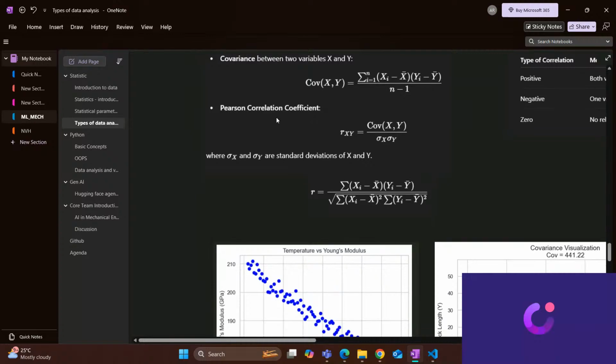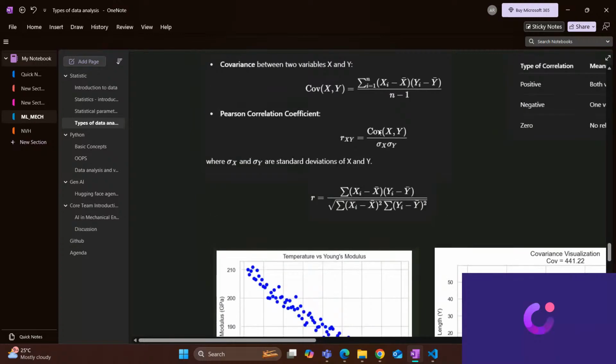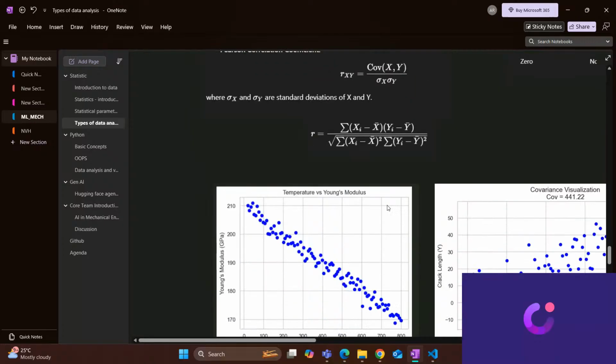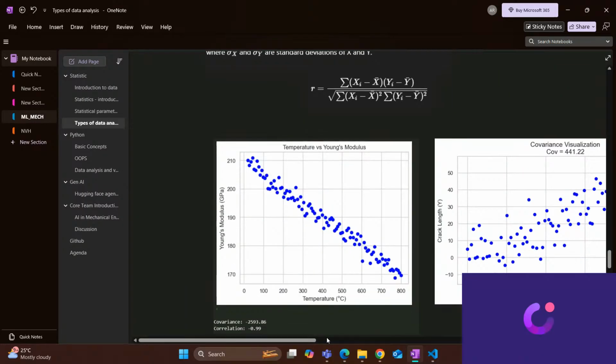Why is it so? I'll show it to you. You can see in this plot of data distribution between Young's modulus and temperature, the covariance is minus 2593. How do we interpret it? It is very difficult to interpret, because the covariance varies from minus infinity to plus infinity.